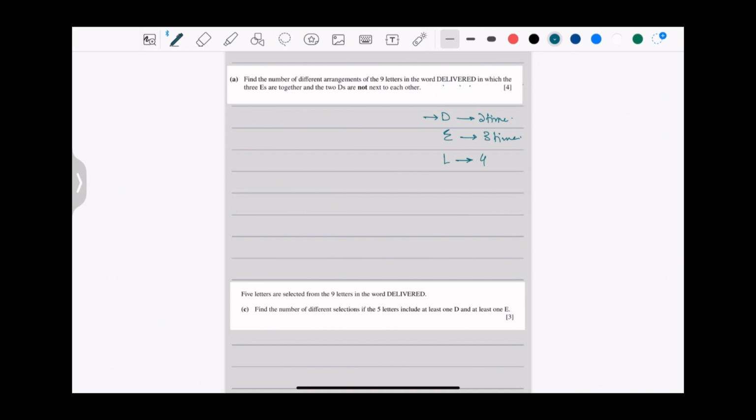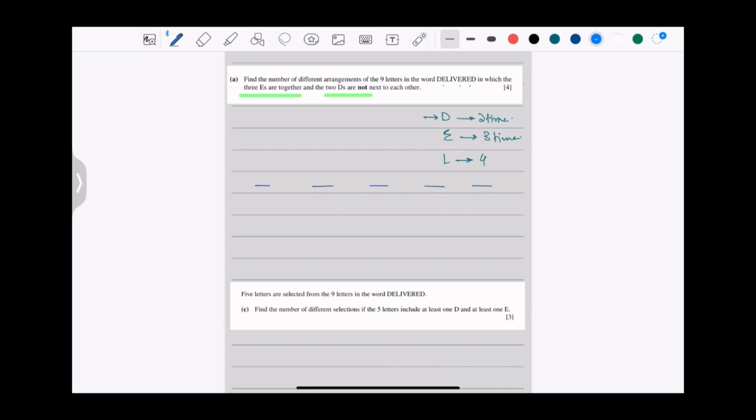The condition is that the 3 E's are together and 2 D's are not. So 3 E's have to be together, and the 2 D's cannot be together. One way to look at it is 1, 2, 3, 4 and 5.